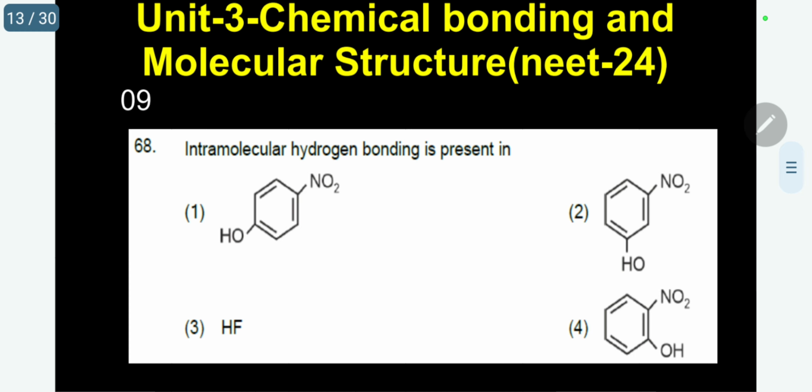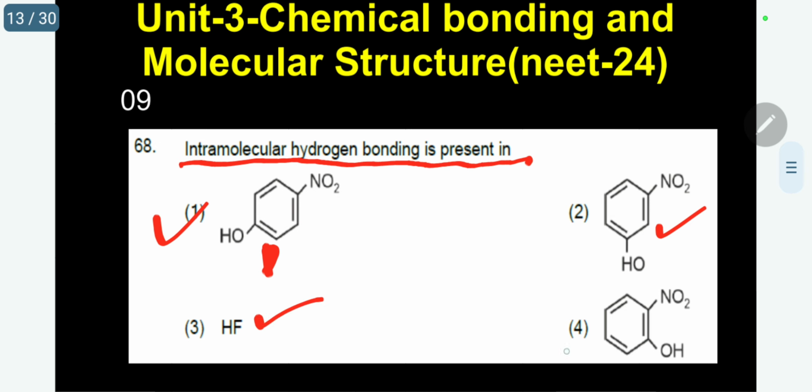Kindly follow. Intramolecular hydrogen bonding is present in: A, paranitrophenol; B, metanitrophenol; C, orthonitrophenol. This is the structure. In one of these molecules, intramolecular hydrogen bonding is present.